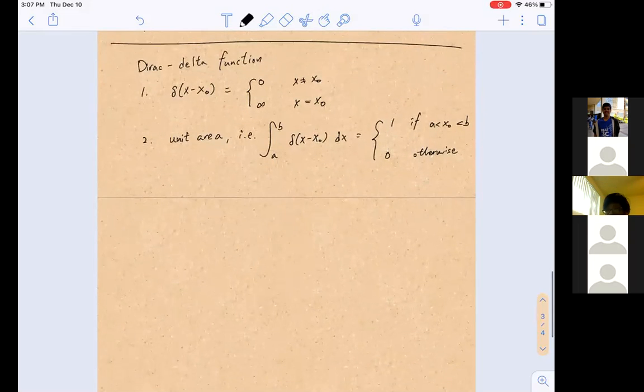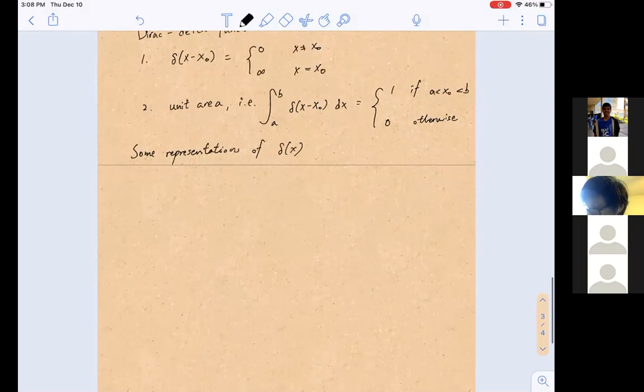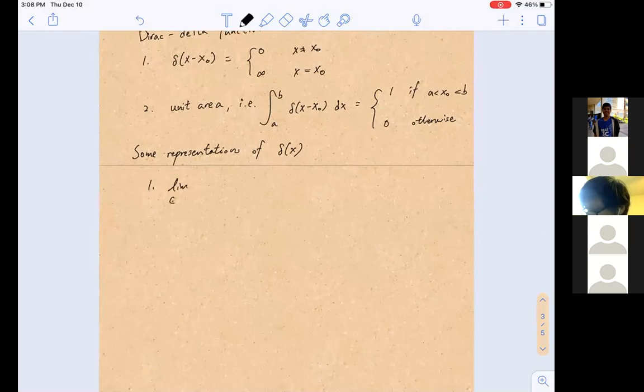And how do we represent this? Representations. There are a bunch of representations of Dirac delta function that you can find on the internet. The ones I'm going to list here are more relevant. So let's say you have a Gaussian, e to the negative x squared over epsilon squared with some normalizing factor.